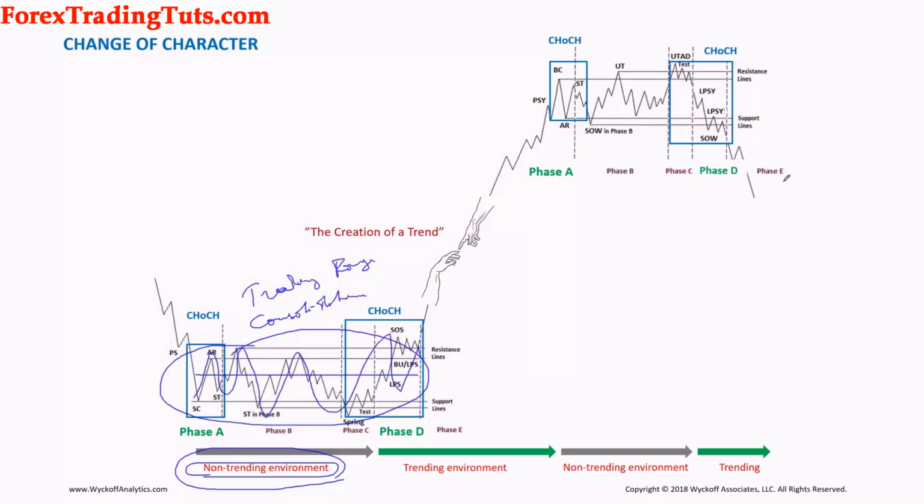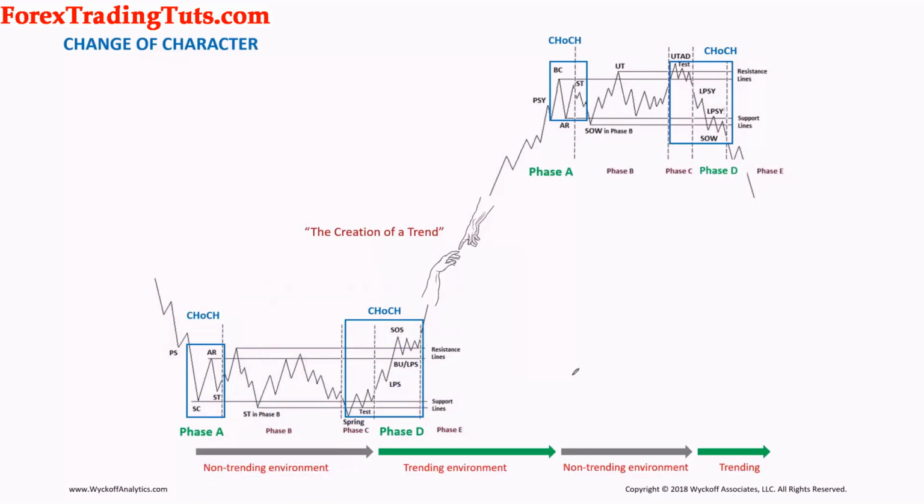We'll discuss later on some other trading ranges which are going to be upsloping and downsloping. And we'll give the definition and also I'll give you the rules as to how to construct those.